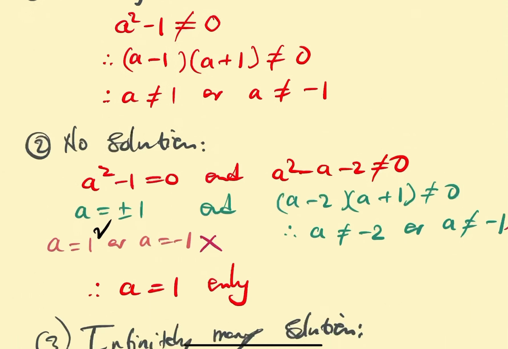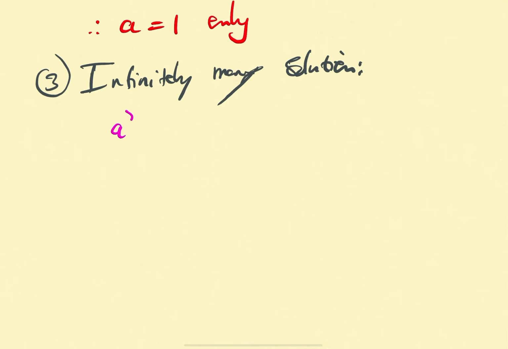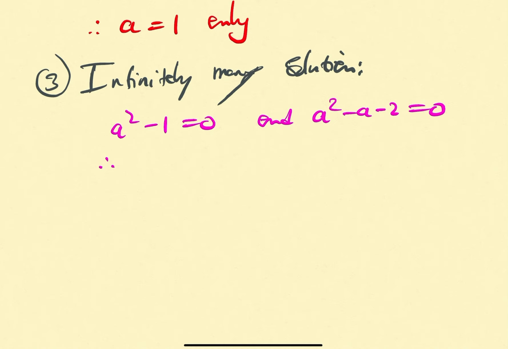So I'm going to have a squared minus 1 equal to 0, and the other one, a squared minus a minus 2, must be 0 as well. So if you solve it, previously you saw it gave you a equals plus or minus 1, and a was 2, or a was negative 1 when you solve that quadratic equation.